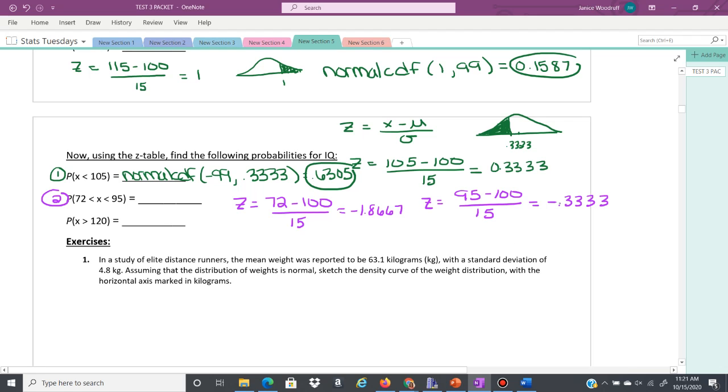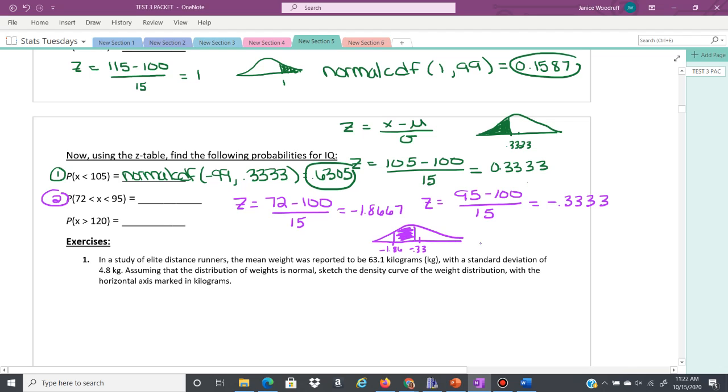Okay, then visualize what you're being asked, the area between these two numbers. So here's 0, and then negative 1.86 is maybe right here. And then negative 0.33 is still to the left of 0, right here. So we want in between these two numbers here.